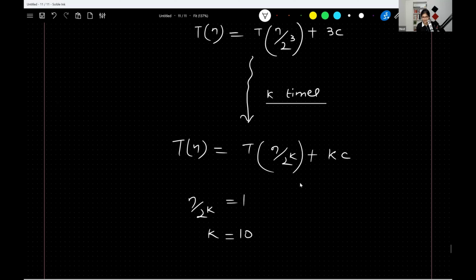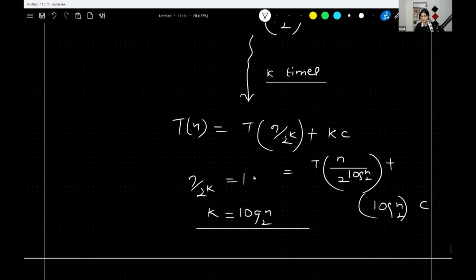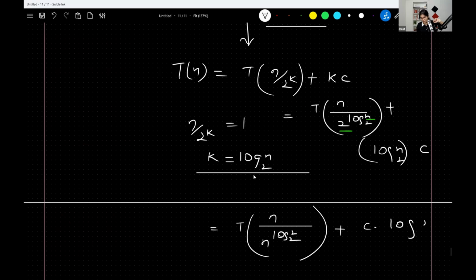You will be able to get the value of k as log of n base 2. Apply the value of k as log of n base 2: T of 1 plus log of n base 2 into c. If you remember the property of log, I have discussed and mentioned that this n and 2 can be replaced. You can put n below and 2 above. So if you do so, you will get n to the power log of 2 base n, plus c times log of n base 2.